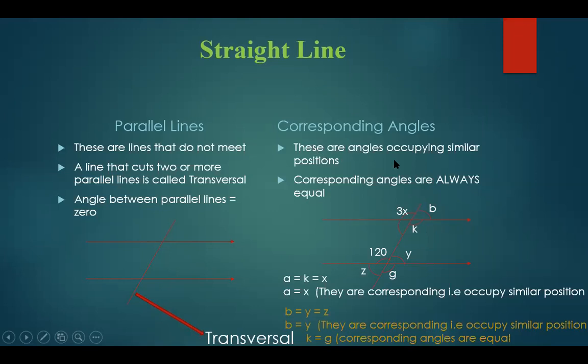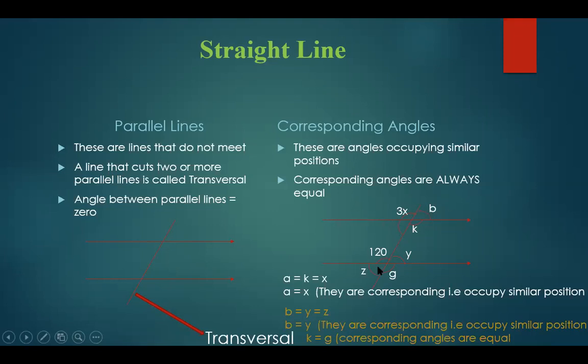Now, corresponding angles are angles that are occupying similar positions. Corresponding in the sense that, are you listening, Moyo? They occupy the same position, either left and bottom, or left and top. For example, this 3x is to the left of this transversal line, and at the same time, it is to the top of this straight line.